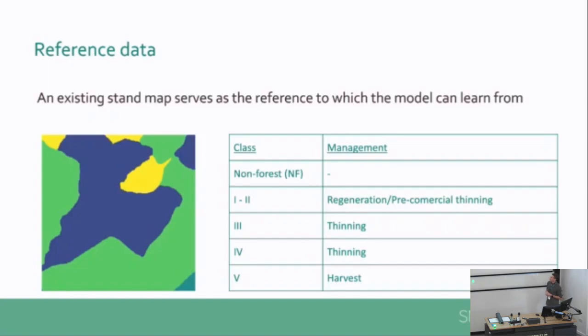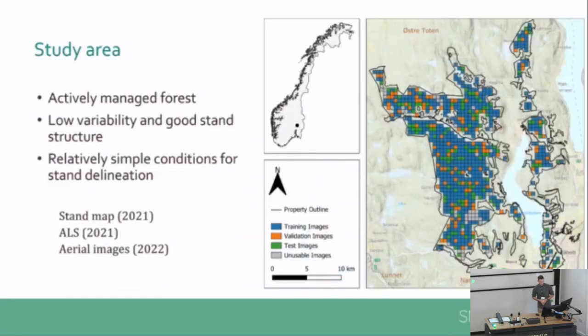We used the division they usually use, which is related to management, and said that everything else is non-forest, because we don't currently care about that. Then we asked if they had a good area for us to start, and they proposed this large property.